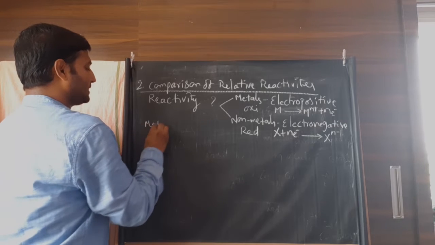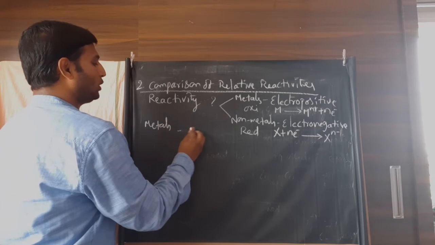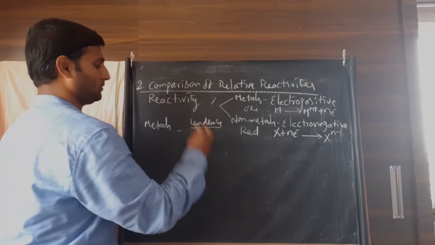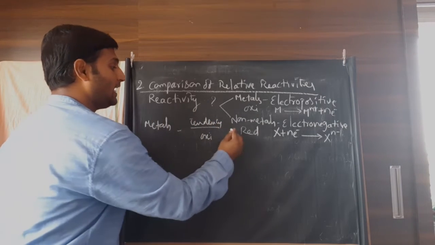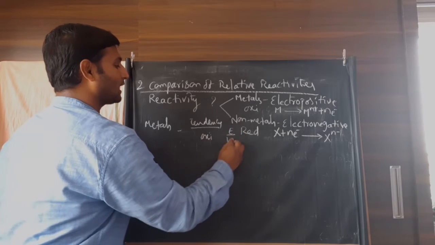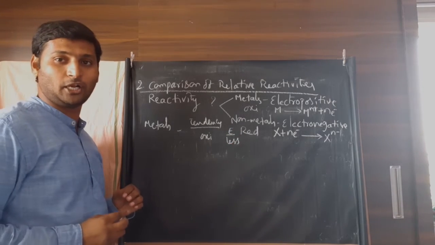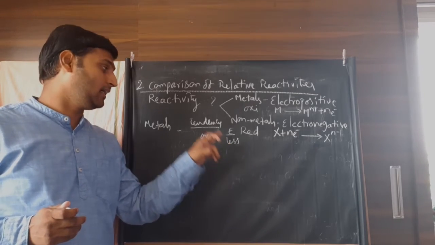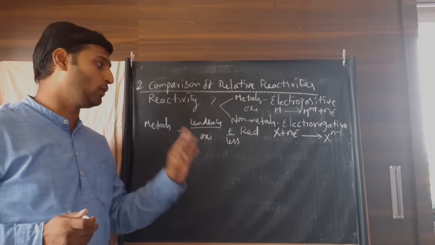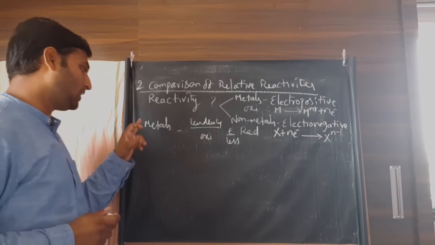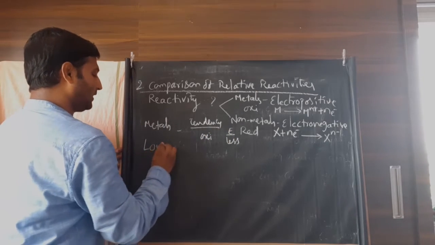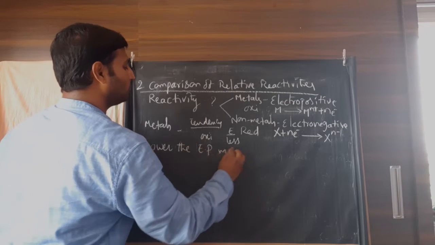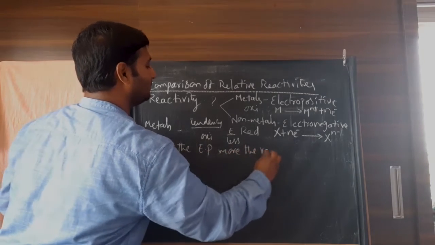So now let us understand. When it comes to metals, you want it to readily undergo oxidation. Now if you want it to readily undergo oxidation, its electrode potential must be lesser, because the one having more tendency for oxidation would have lesser electrode potential. So lower the electrode potential, more the reactivity. For whom?